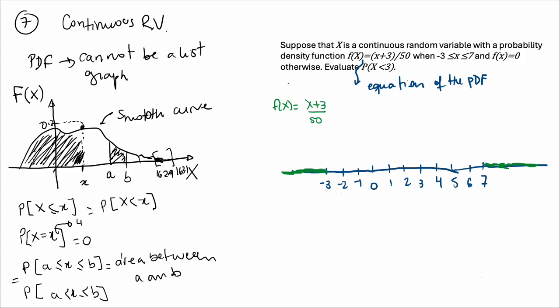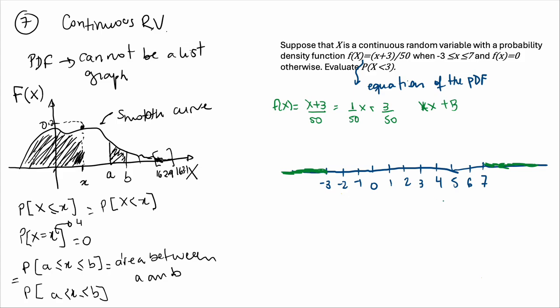It's a relationship of a special type, because you can separate both terms: 1/50 times x plus 3/50. Which kind of relationship is this? It's the equation of a line, of the type ax plus b. So for sure there will be a line here between -3 and 7.